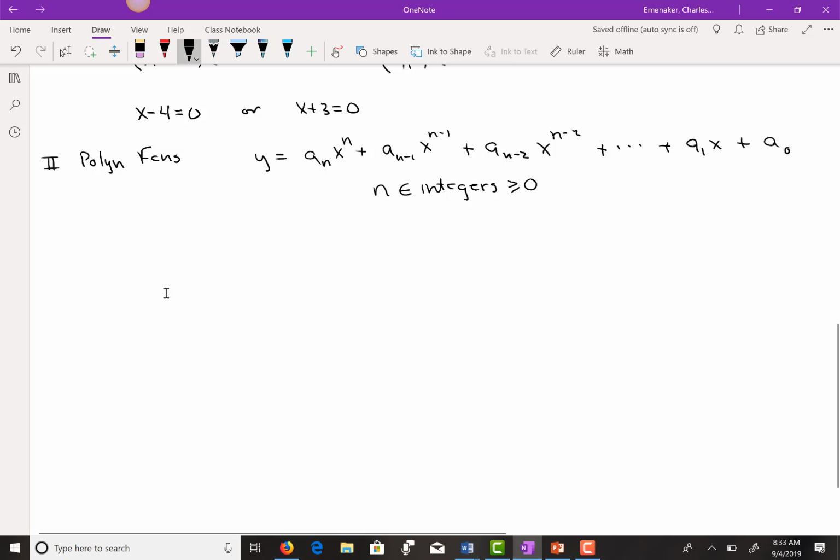So that's things like 0, 1, 2, 3, 4, 5, 6, 7, 8, 9, 10, all the way out to positive infinity. What on earth does that notation mean?